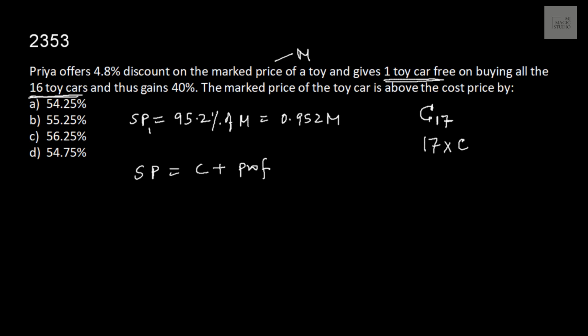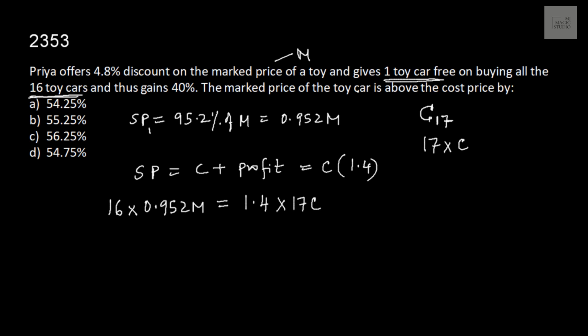We know that. So the selling price she has collected is for only 16 cars. 16 into 0.952 M is equal to the cost price of 17 cars, 17C, plus profit of 40%. So that can also be written as C into 100 plus 40, that is 1.4. That will be 1.4 into 17C.